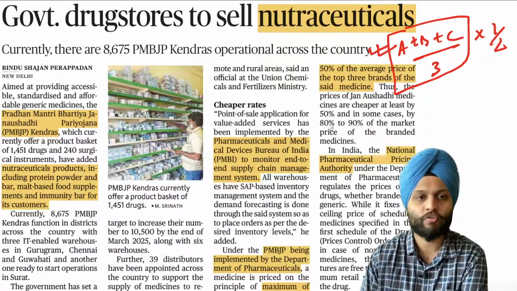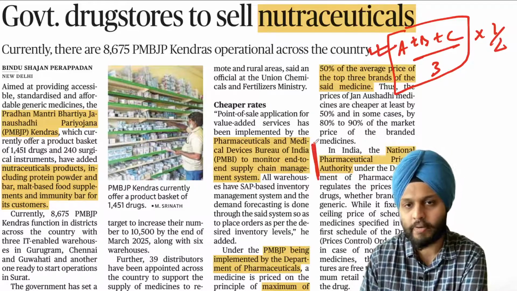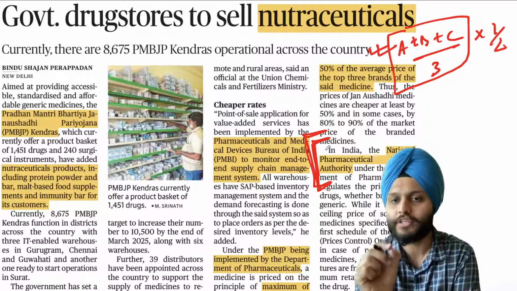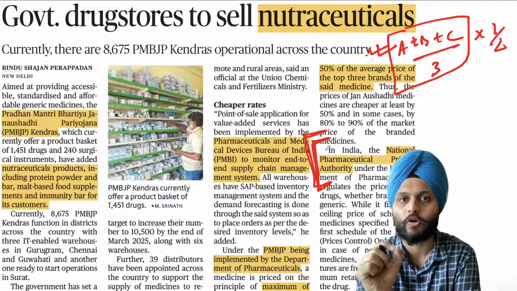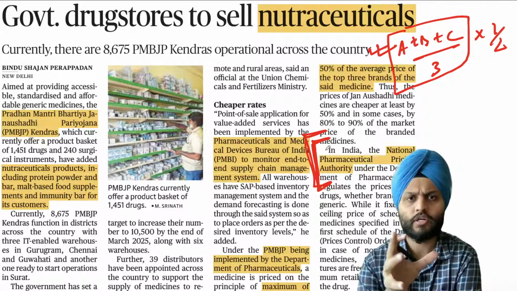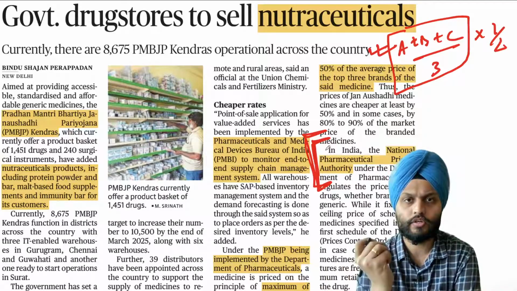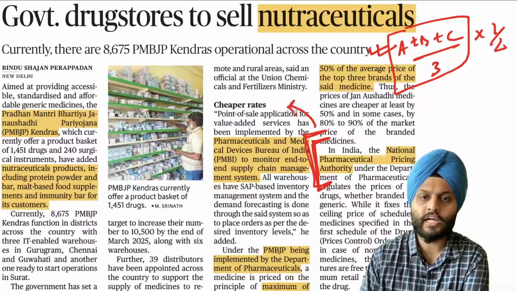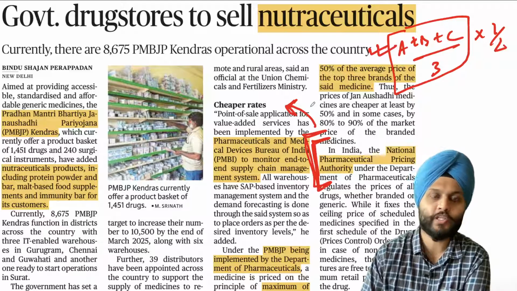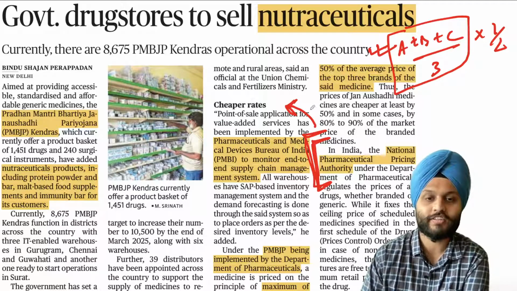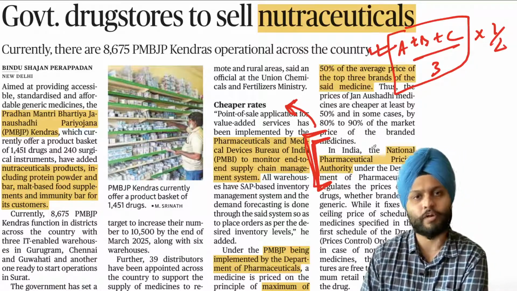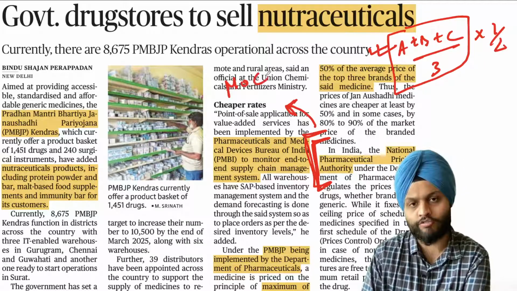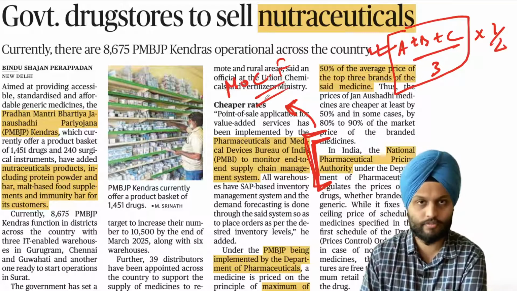And this pricing of the drugs in India is regulated by an authority of the government known as the National Pharmaceutical Pricing Authority. National Pharmaceutical is clear, pricing authority, the one that fixes the prices. And UPSC may ask you under which ministry it is. Now you may think that pharmaceutical is healthcare, but no, this is coming under the Ministry of Chemicals and Fertilizers.